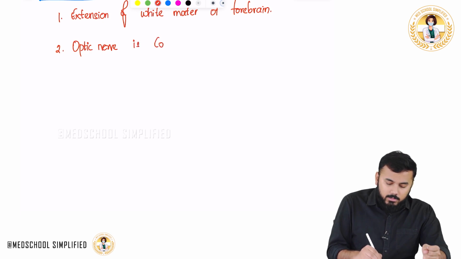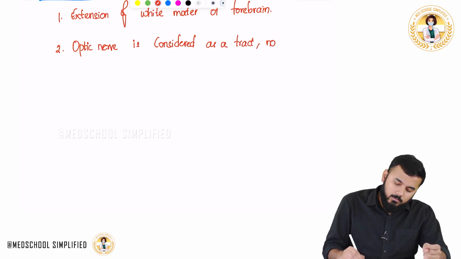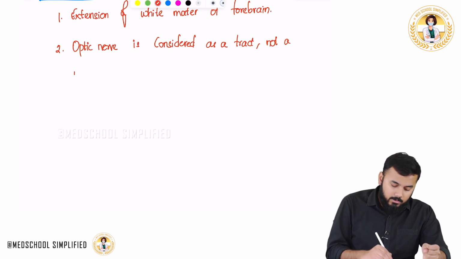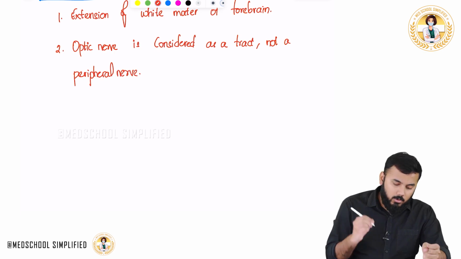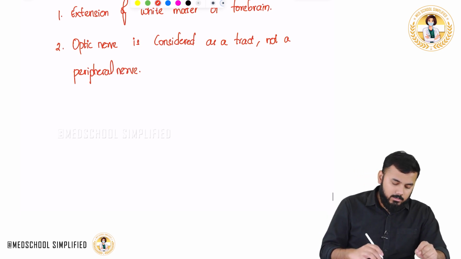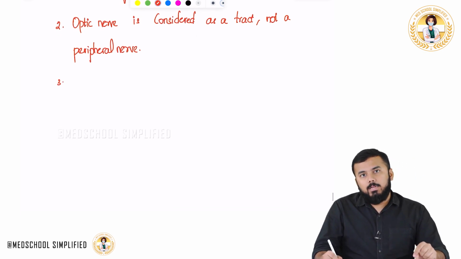Optic nerve is considered as a tract, not a peripheral nerve. Next, third important thing you need to know is that tract is comprising of what?